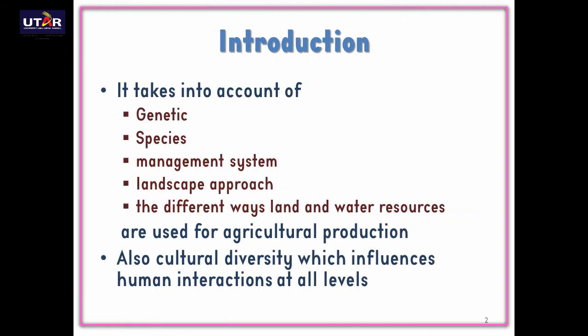It also takes into account genetic resources, species, management systems, landscape approach, and the different ways land and water resources are used for agricultural production. One important component is the cultural diversity that influences human interactions at all levels.